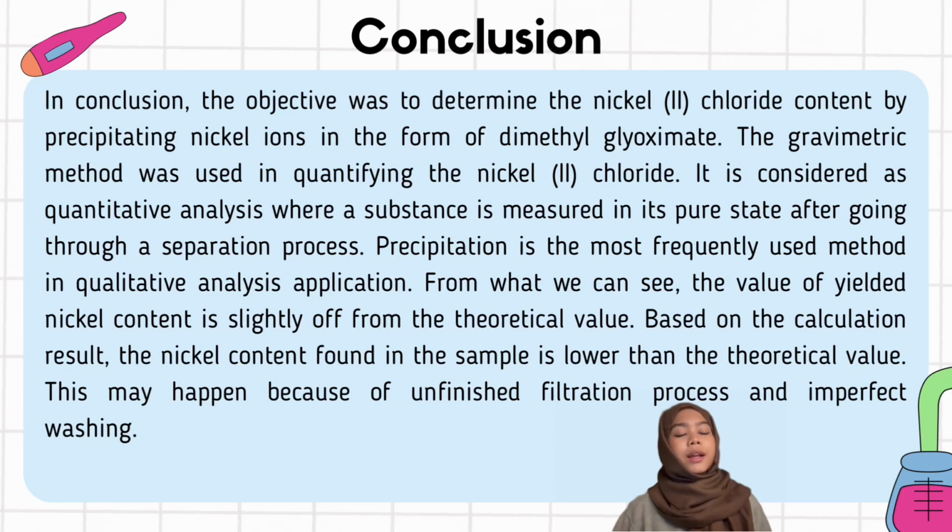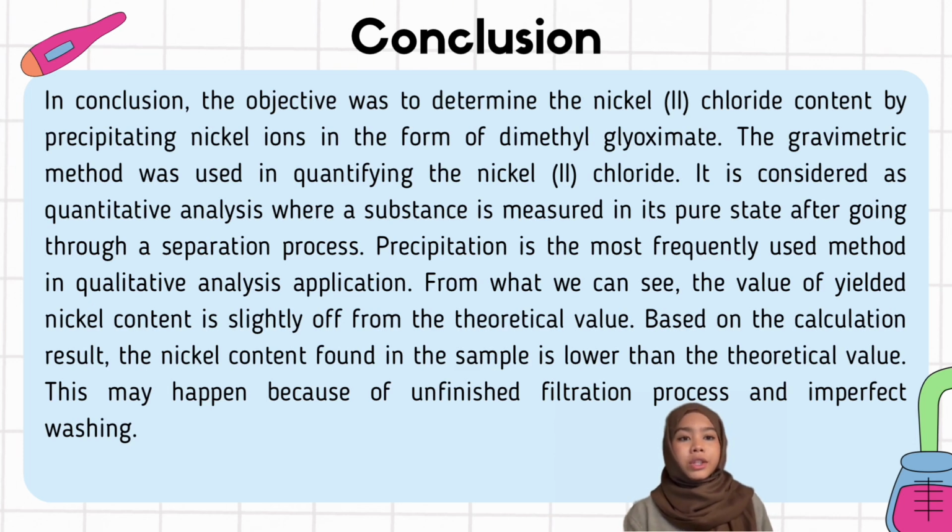So now let's end the presentation with a conclusion. What we can conclude from this experiment is that the objective was to determine the nickel chloride content by precipitating nickel ions in the form of nickel dimethylglyoximate. What method was used in this experiment? The method used is the gravimetric method in quantifying the nickel chloride.